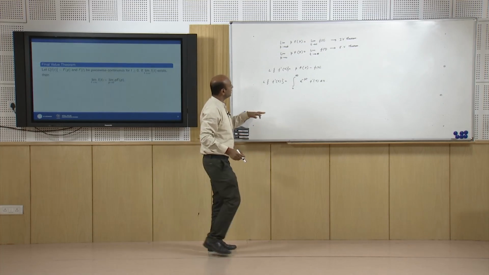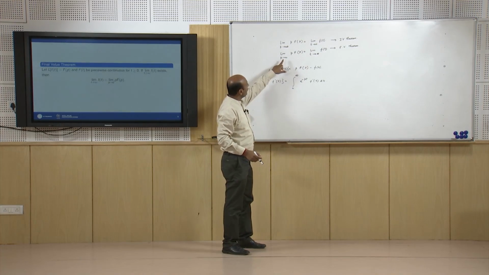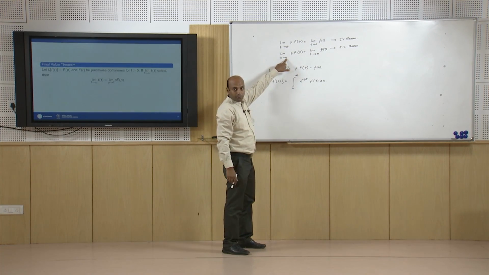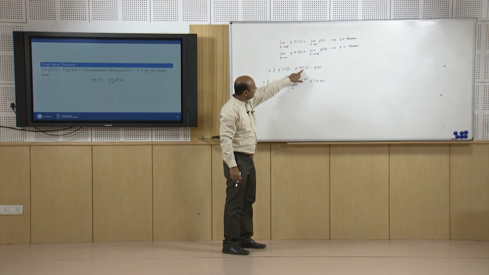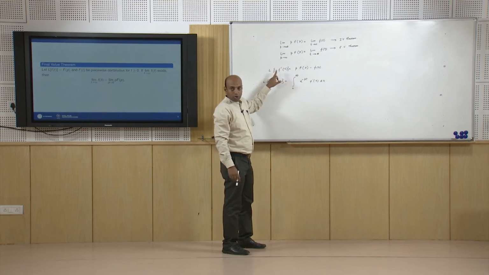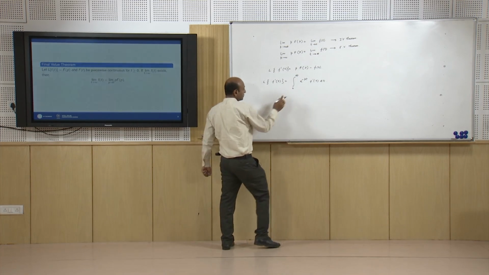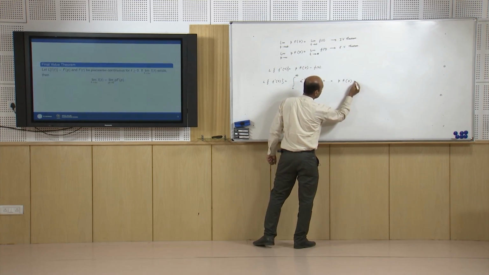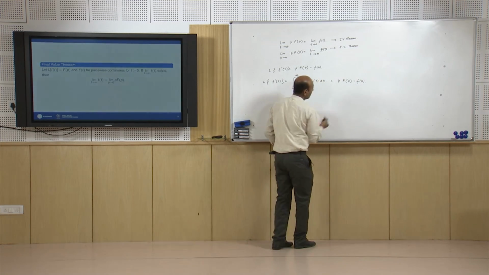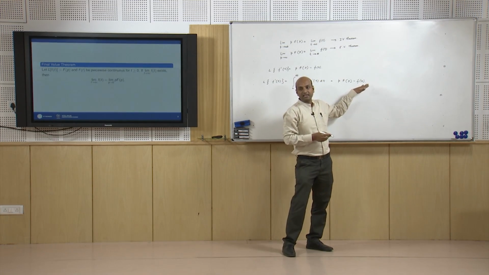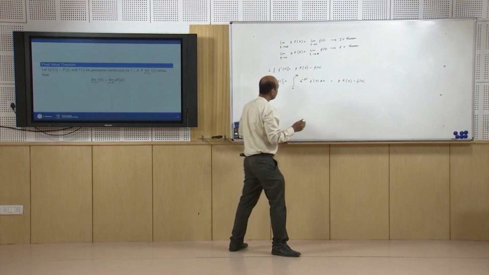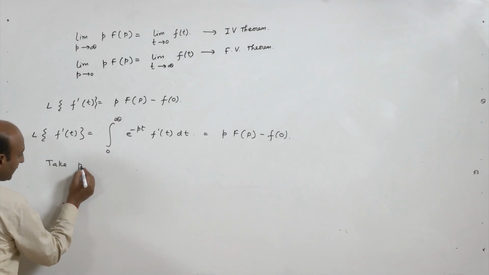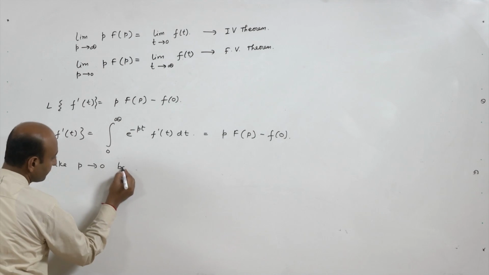Now we want limit p tending to 0, and the same holds on this side also. So this is equal to p f p minus f 0. Here we are assuming f is continuous at t equal to 0. Take limit p tending to 0 on both sides.